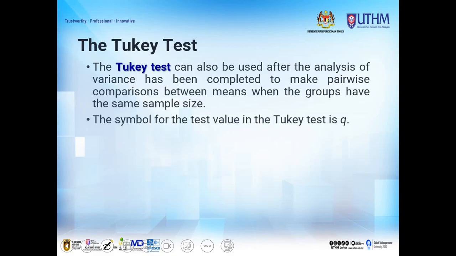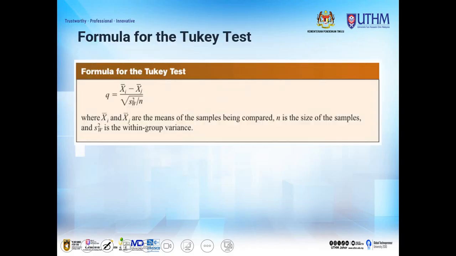The symbol for the test value of the Tukey test is Q, while for the Scheffé test it is F. So this one is Q: xi bar minus xj bar divided by the square root of the within-sample variance divided by n.